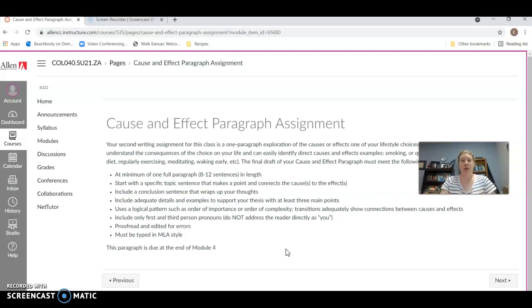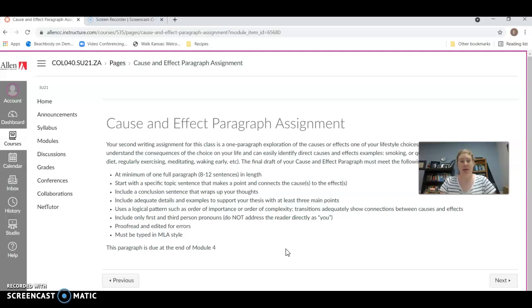Make sure you read those before you start writing your paragraph, because if you don't, and you've chosen something that won't work, or there's some issues with what you are planning, then you're just going to keep going with the same problems, and those will cause you to lose points in the end. So again, we're working with the same topic that you chose for your pre-writing journal in Module 3, and all you're doing is writing out this paragraph.